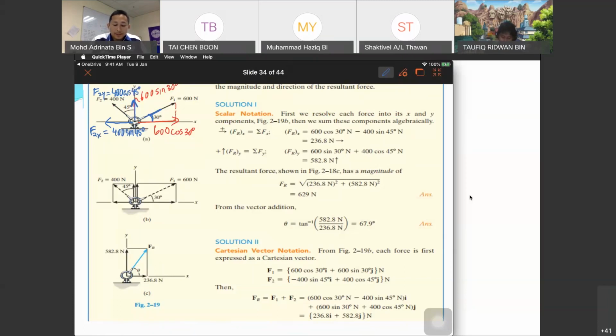Okay, so look at the second figure. So you have the answer for X, for F1X, and you have F2X. So you need to sum up, you need to add your X direction, okay?